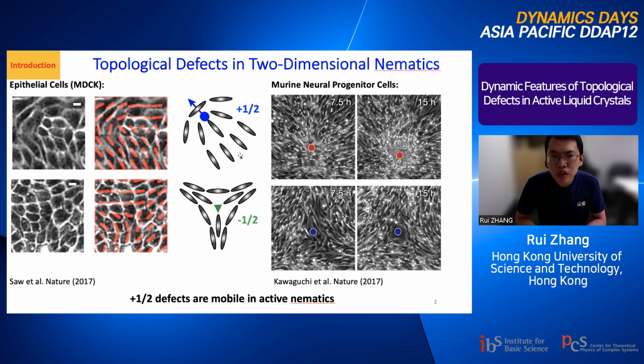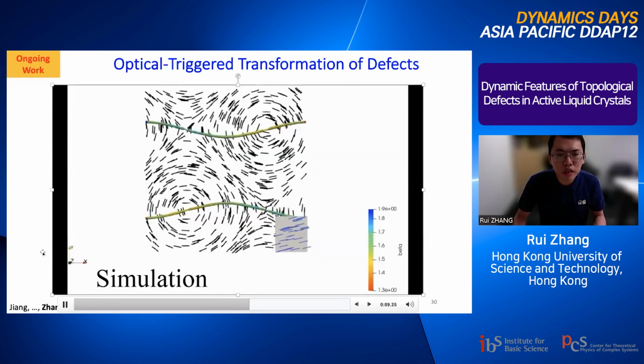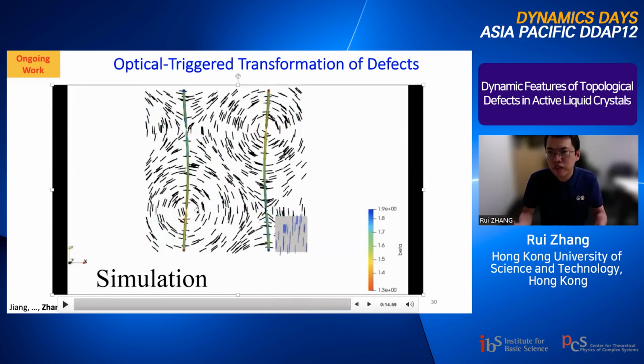And in 3D, the situation will be more complicated. As I have shown you in the last system, these are the disclination lines in 3D. In this case, you can have very complicated defects, and the local feature of the defect can be very different. You can have lines, you can have loops, and a lot of others.